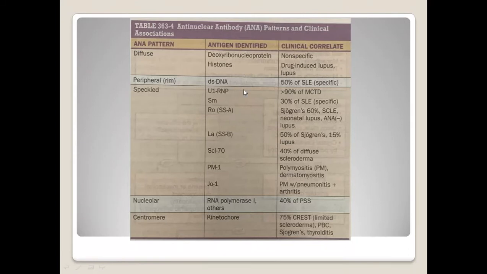Whereas anti-double stranded DNA is specific for SLE, or speckled pattern with anti-Ro, anti-La, which we can see in Sjogren syndrome, or RNA polymerase 1, or anti-centromere pattern. This is one thing you can remember for CREST syndrome. So the important points here are double stranded DNA, anti-Ro, anti-La, and anti-centromere pattern, which is present in CREST syndrome.